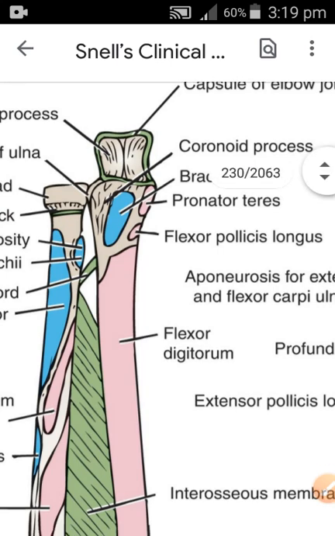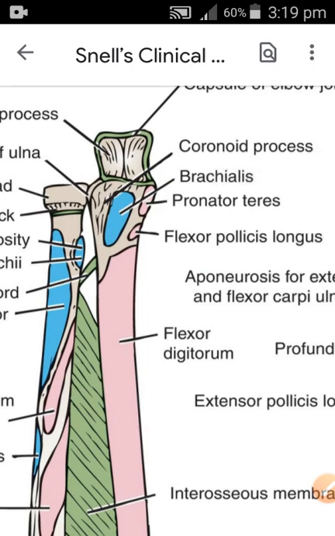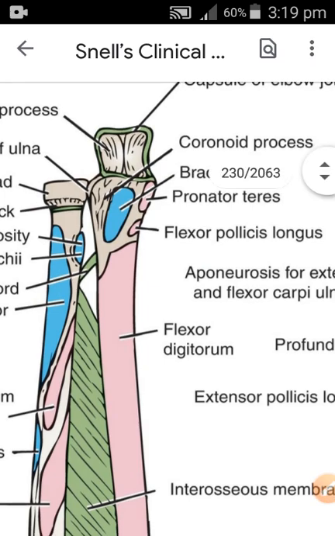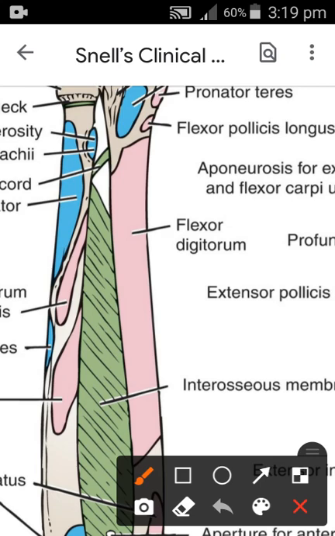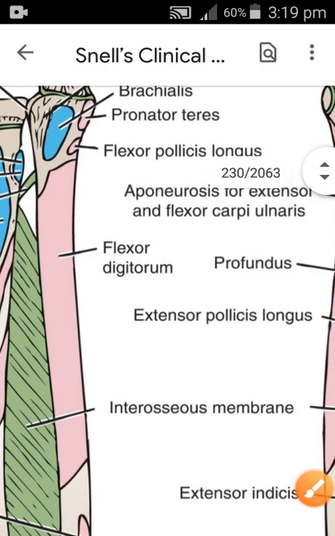Now we will go toward the shaft. Which muscle is attached here? Here is the attachment site for the flexor digitorum, and what type of digitorum is this? This is the flexor digitorum profundus.